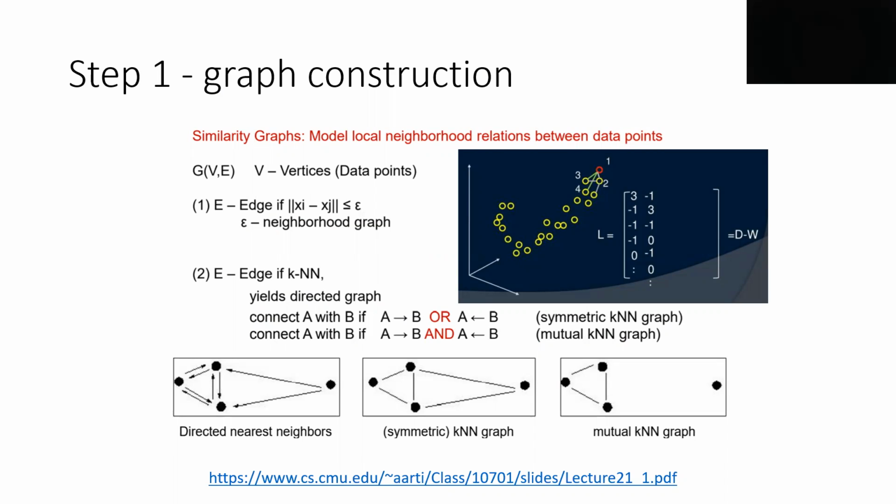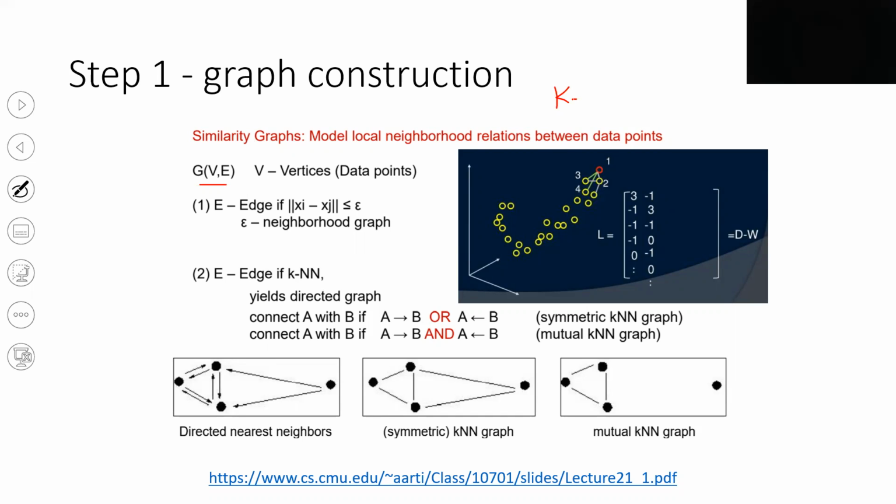Okay, here is a visual illustration of this process. We have data points, in this case 3D and yellow points. Then you want to find a graph. This graph is to link by its neighbors, so it depends on what k you want.